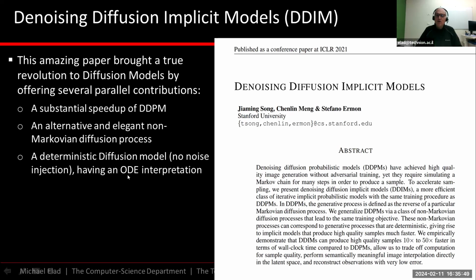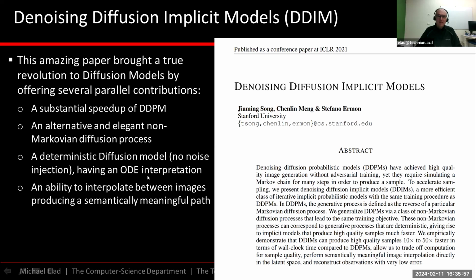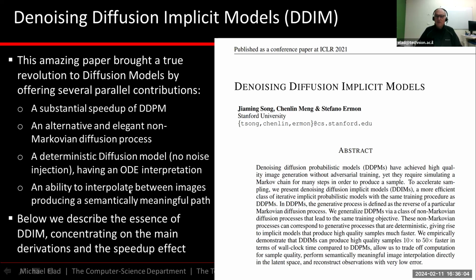In fact, instead of talking about stochastic differential equations, SDE, you move now to talk about ODEs, ordinary differential equations. And there are other benefits, the ability to interpolate between images, etc. We will see all this. So let's start and see how DDIM suggests to attack the diffusion process that we are so much interested in.